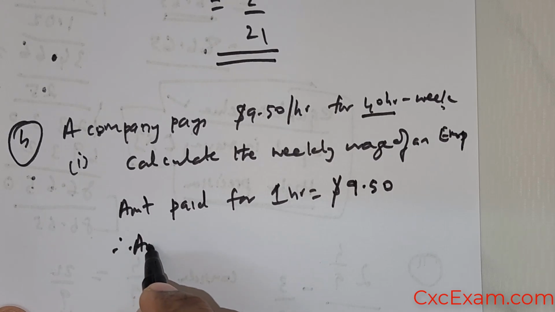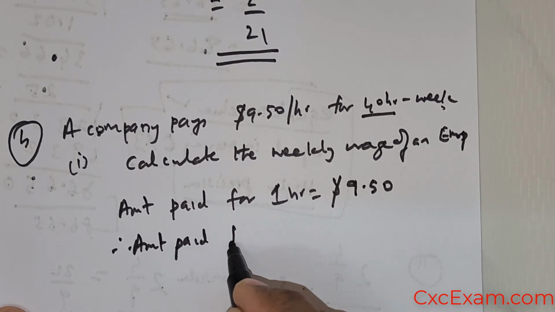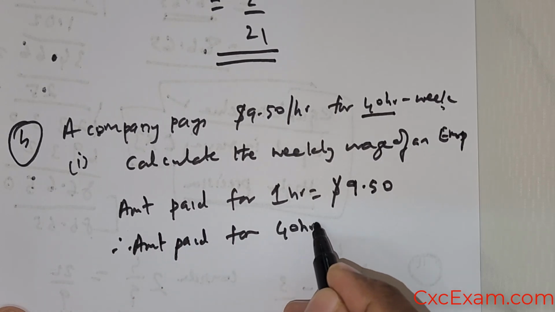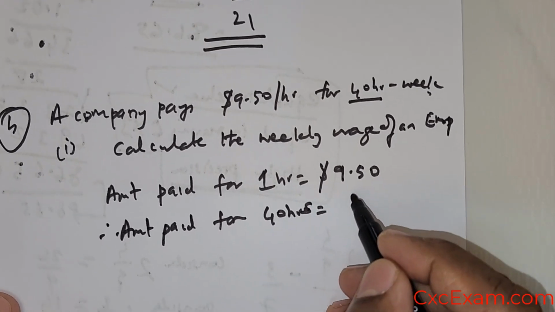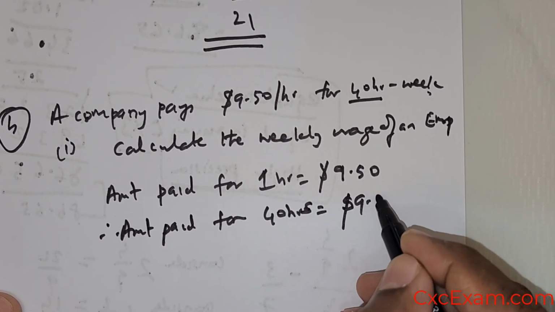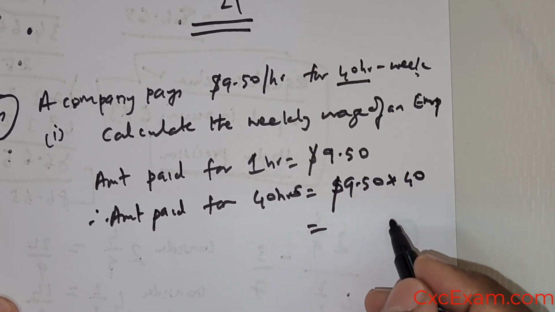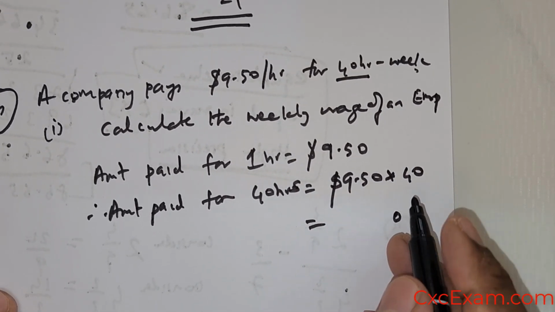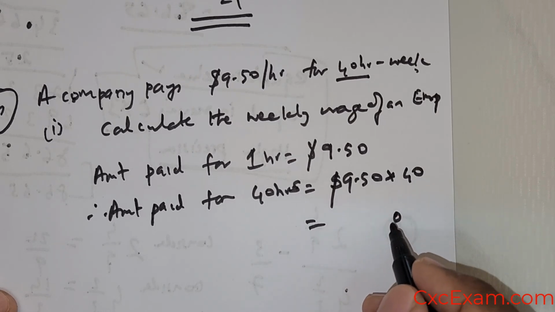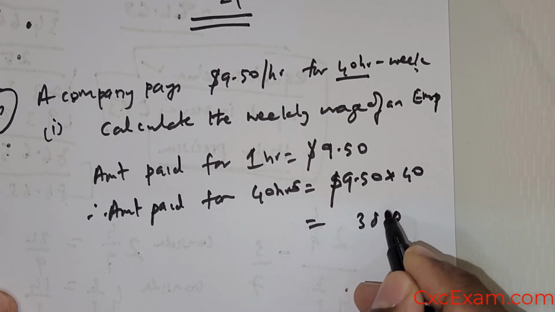So therefore the amount paid for 40 hours is equal to 9.50 multiplied by 40. So 0 fours are 0, 9 fours are 36, 37, 38.